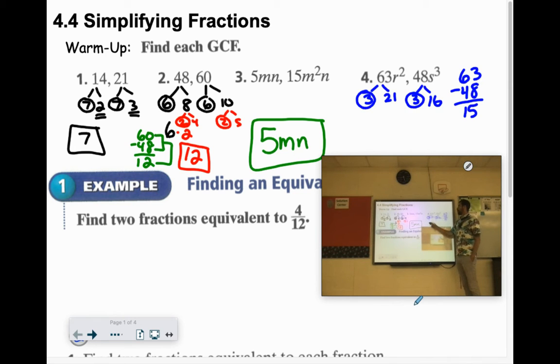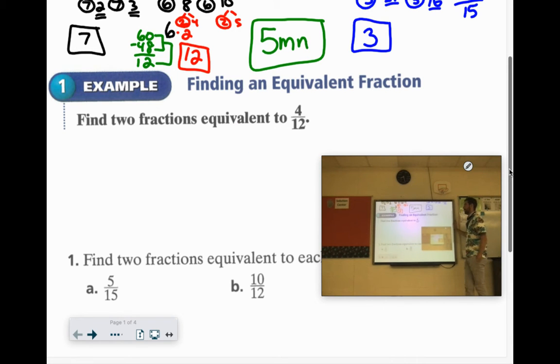They have 3 in common, bring it down. Do 21 and 16 have anything in common? No. So that would be it. Do they both have R's? No. Do they both have S's? No. So 3 would be the greatest common factor. Remember, there's always a greatest common factor, at least one, right? So you can never say none, right? If that's the case, you have to say 1, because everything has a factor of 1.